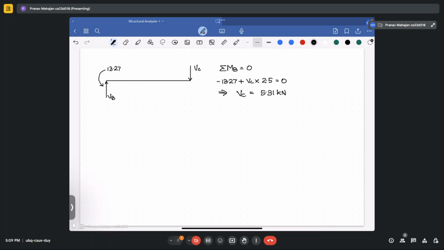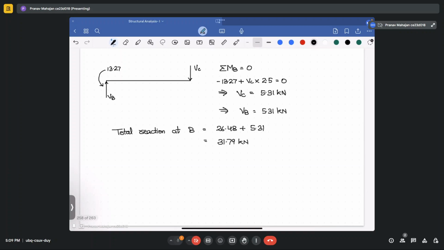And similarly, your VB will also come out to be 5.31 kilonewton. So your total reaction at B will be equal to 26.48 plus 5.31 equal to 31.79 kilonewton.